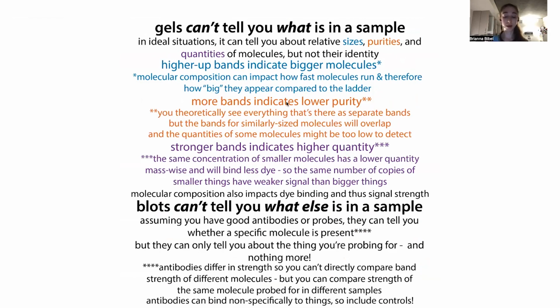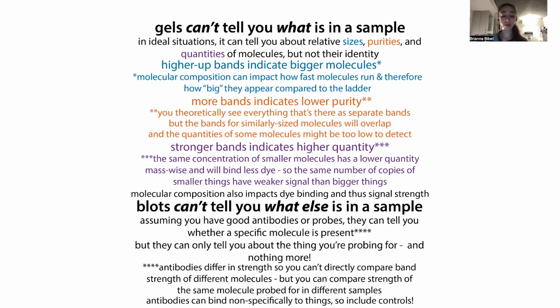But if you're trying to compare between different proteins, with different antibodies, you're not going to be able to compare directly, because those antibodies could have different binding strengths for the things that they're recognizing. And therefore, you might see a stronger band just because the antibodies are better, instead of because there's actually more of a specific thing present.